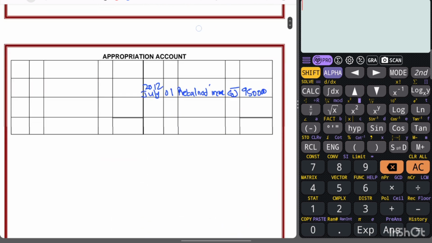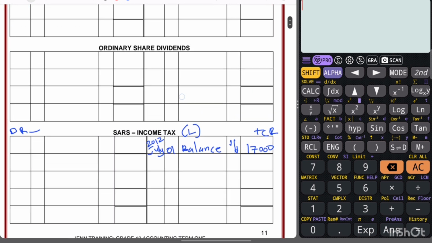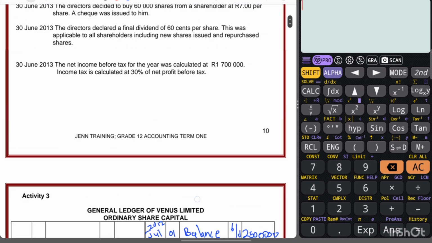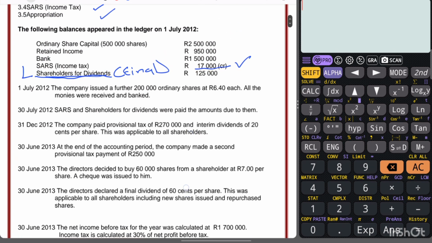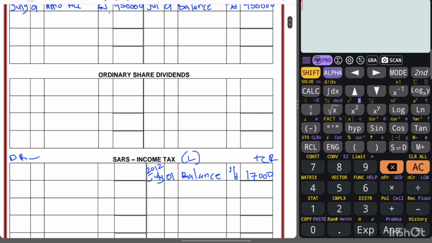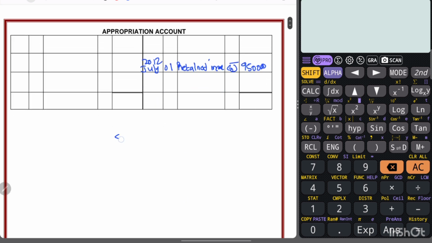Dividends on ordinary share capital. Shareholders for dividends. Okay. We were supposed to have an account for shareholders for dividends.